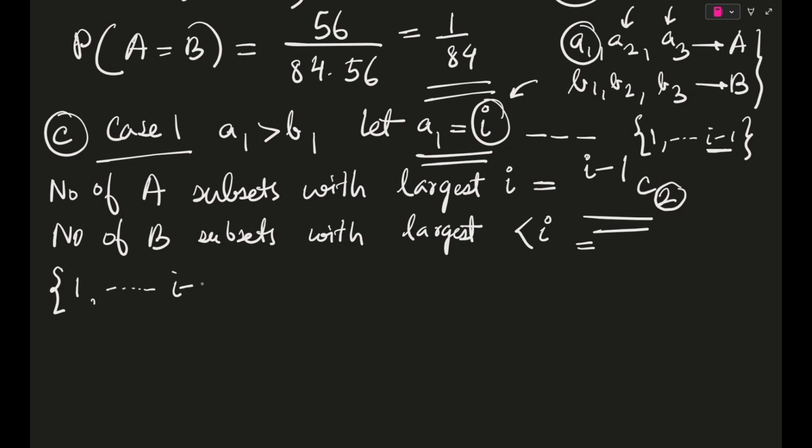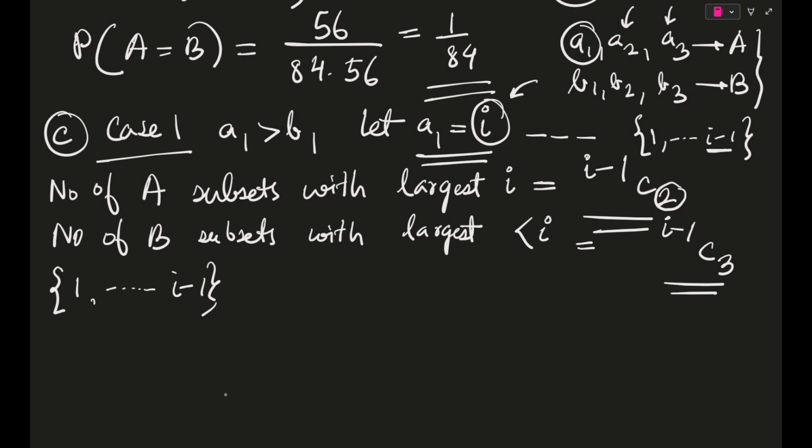A has selected 1 digit as I, and the other 2 digits he is selecting between 1 to I minus 1. But in case of B, he will select all the digits between 1 to I minus 1 itself. So this will come out to be I minus 1 C3.